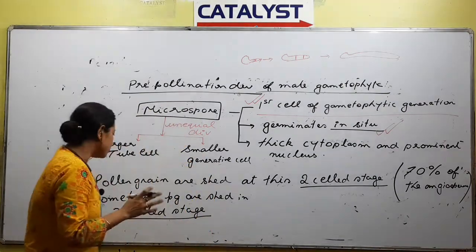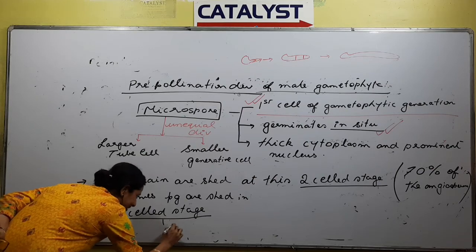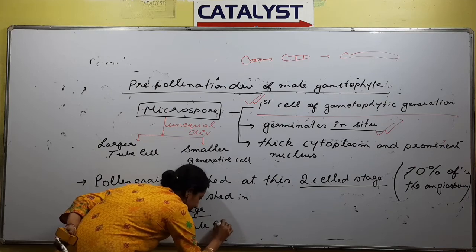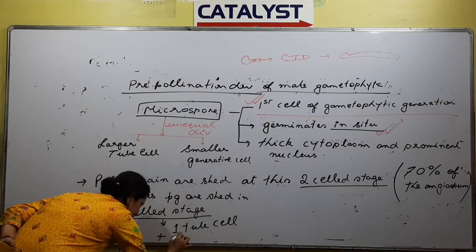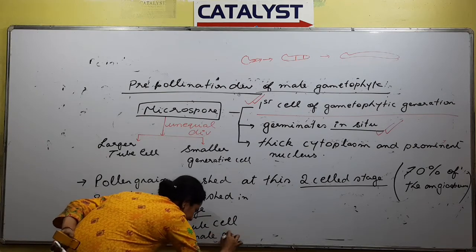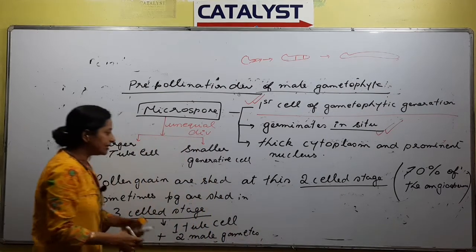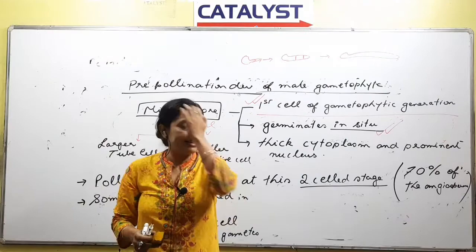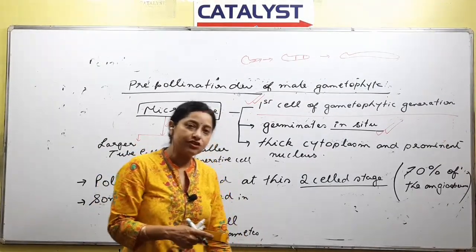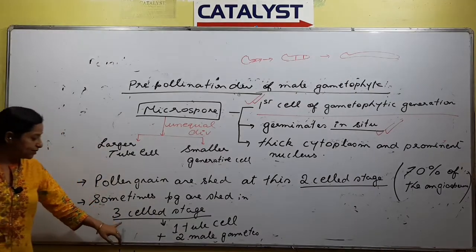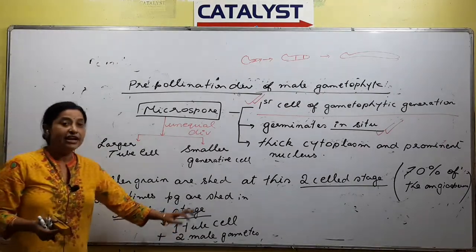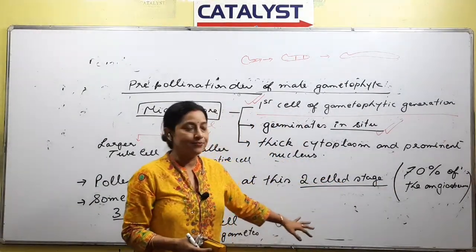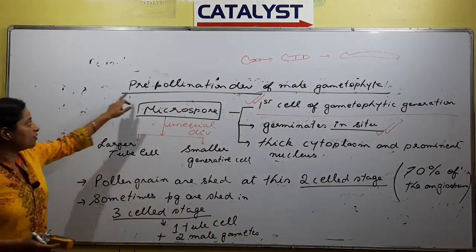So we have 1 tube nucleus or tube cell plus 2 male gametes. Generally male gametes form after pollination, but in some cases the male gametes are formed before pollination also, and in that case we use the term 3-cell stage. But in the maximum of angiosperms, pollen grains are always shed at a 2-celled condition. So this could be talked about as pre-pollination development.